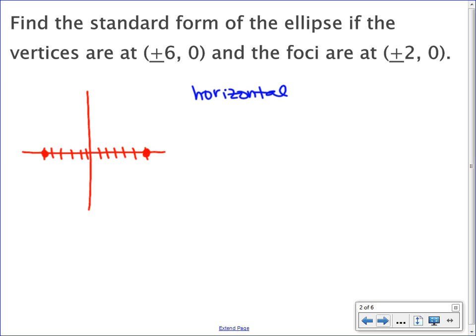Now we know a couple other things. What else can we take out from this? Before we get to the foci, just with what I've drawn, the center should be exactly in between, right? So the center is 0, 0, and A is what? 6.